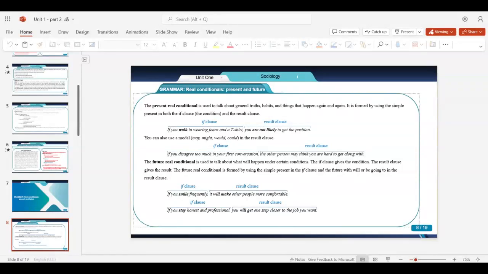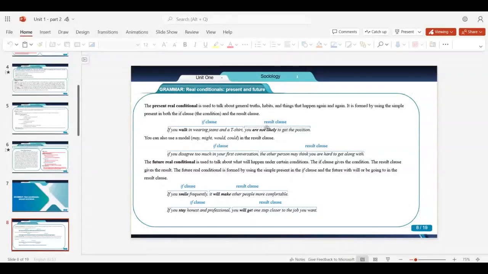So how do we make it? If you walk in wearing jeans and a t-shirt, comma, you are not likely to get the position. This is the result clause. You can also use a modal like may, might, would, could in the result clause.